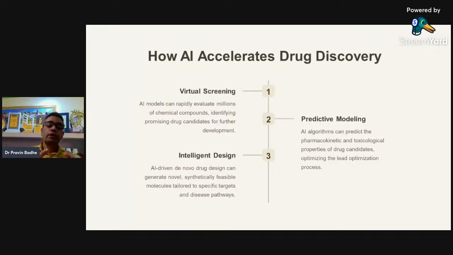When you are screening the leads, you can find molecules with good activity, and in the optimization you can generate another intelligent compound by optimizing them, so that novel and synthetic compounds which can be easily synthesized can be obtained from AI-driven designing. Specific pathways or disease pathways can be targeted. In this way, AI is accelerating the drug discovery process.